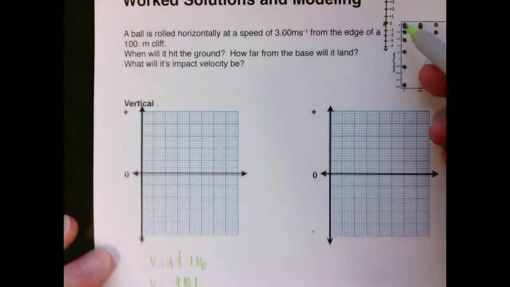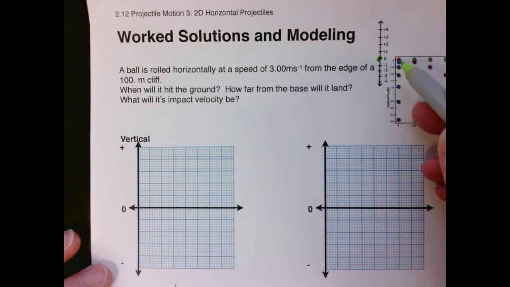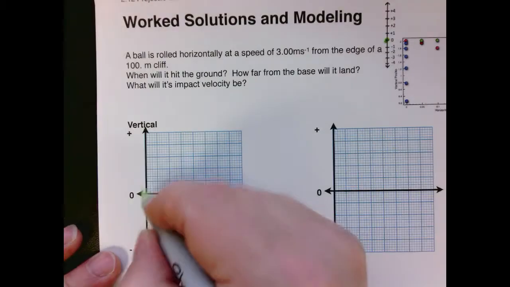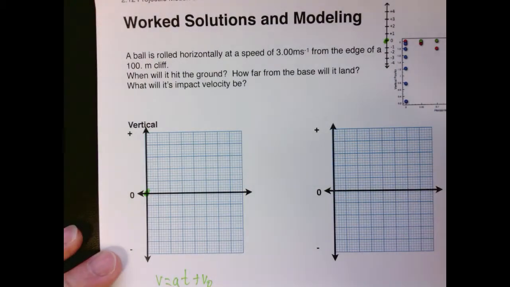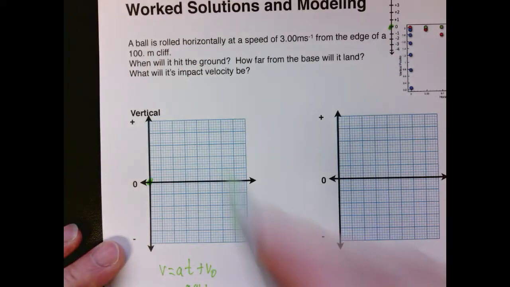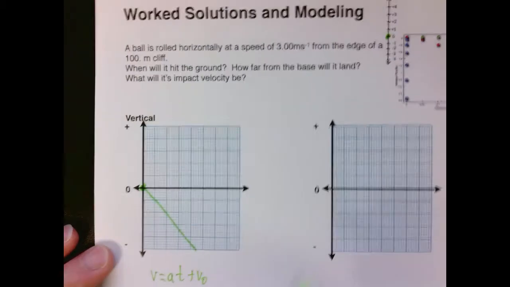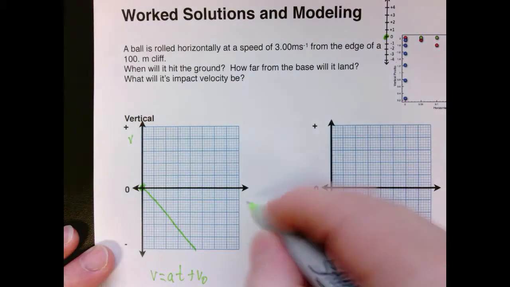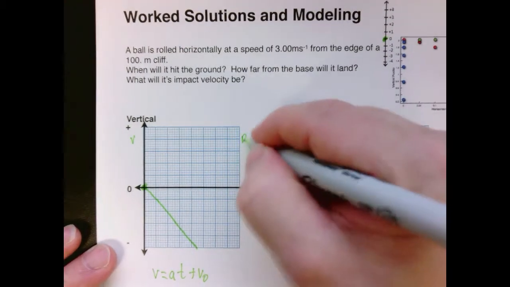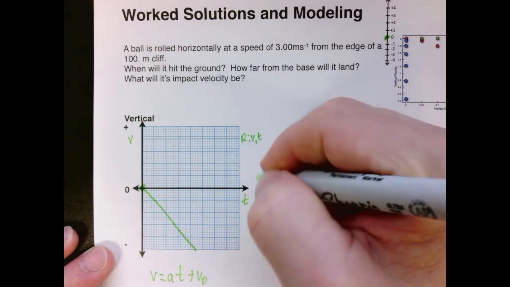We start at time 0 vertically. Vertically, the initial velocity, Spider-Man will say, is 0. And we can see that the direction is downward, like so. And again, on a velocity time graph, what we can read is the velocity time.